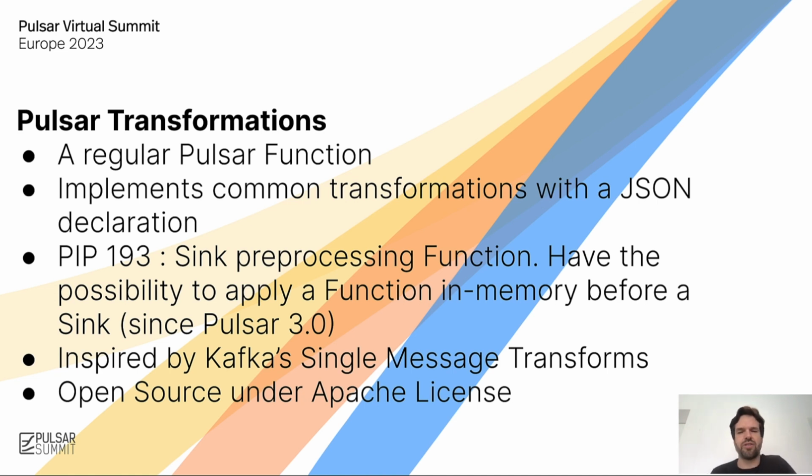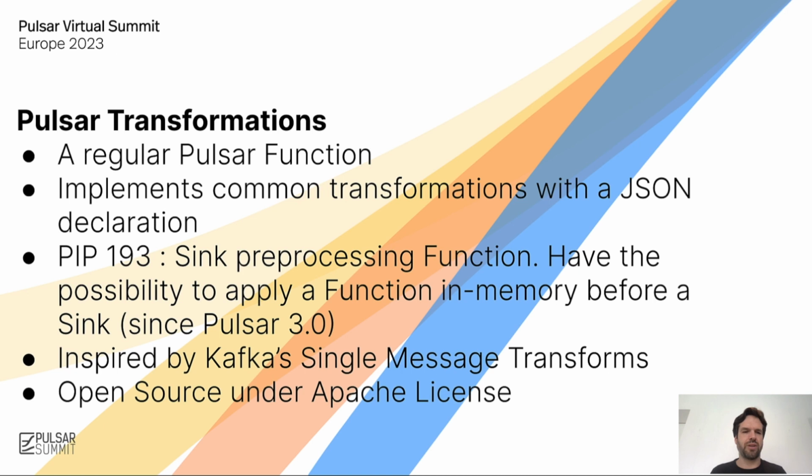And these transformations have implemented in them all the common transformations that you do on your data, and that you can configure with a simple JSON declaration. So when you create an instance of the function, you pass a configuration, and it's in the configuration that you say which transformations you want to apply.